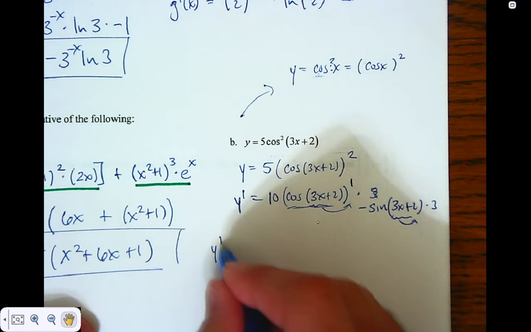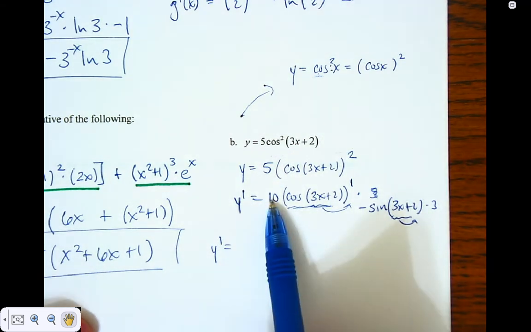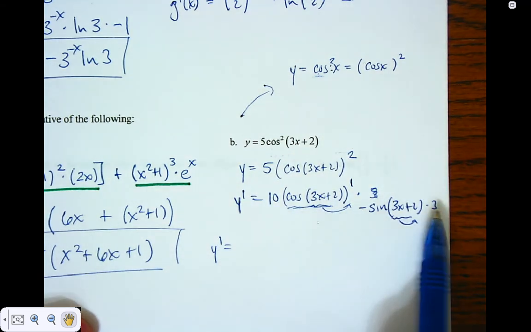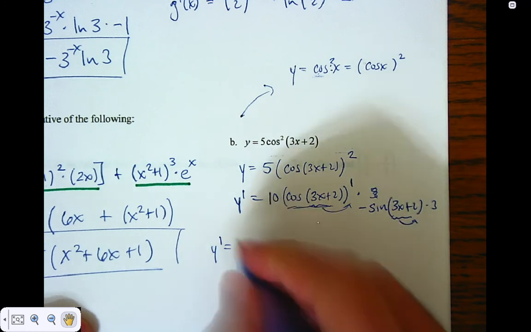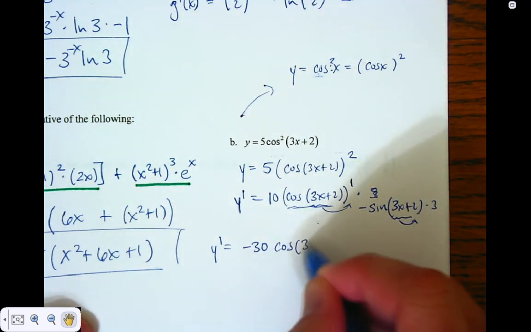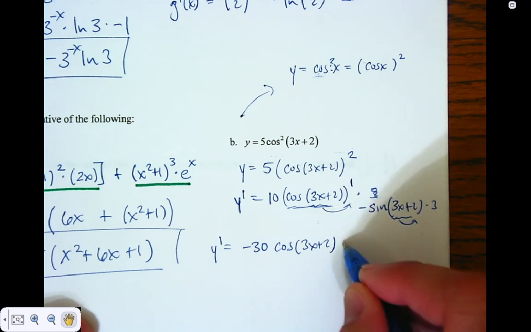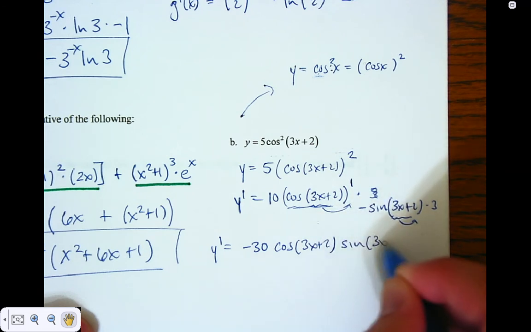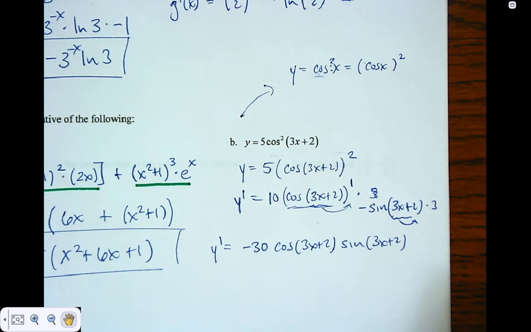Okay, so y prime, cleaning that up, I've got 10, a minus sign, and 3, which makes negative 30. I've got cosine of 3x plus 2, and I've got sine of 3x plus 2. Okay? All right, just because that was a little bit harder, let me do one more example.